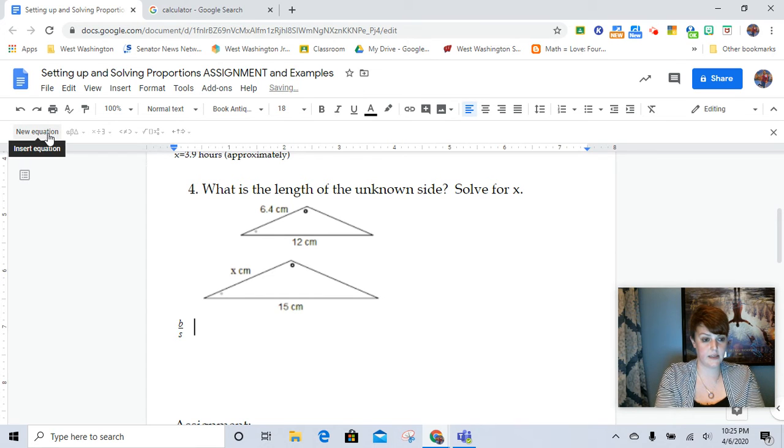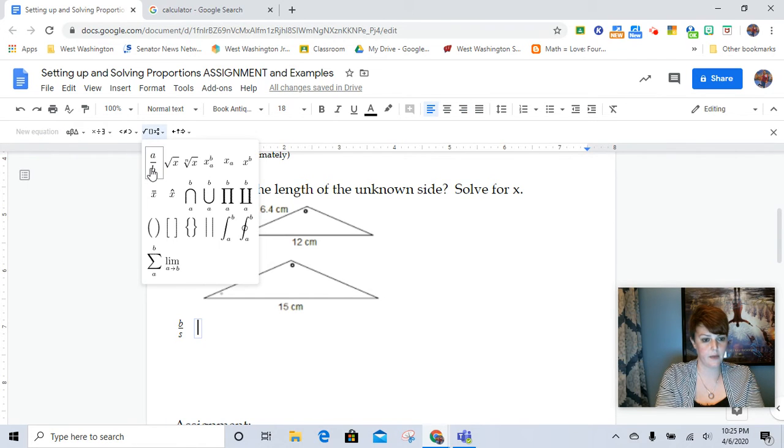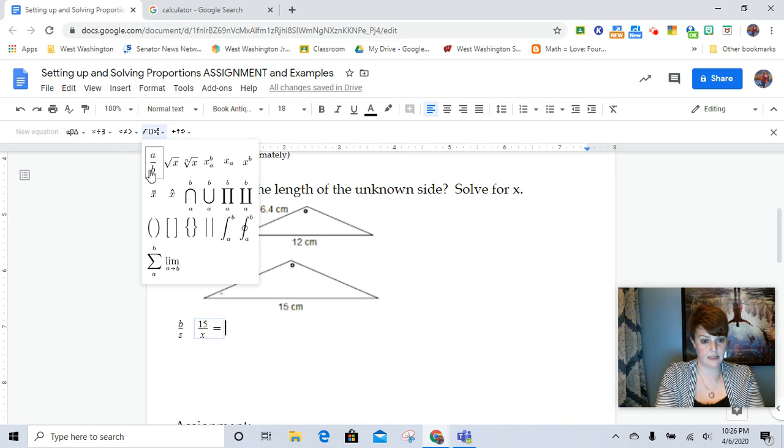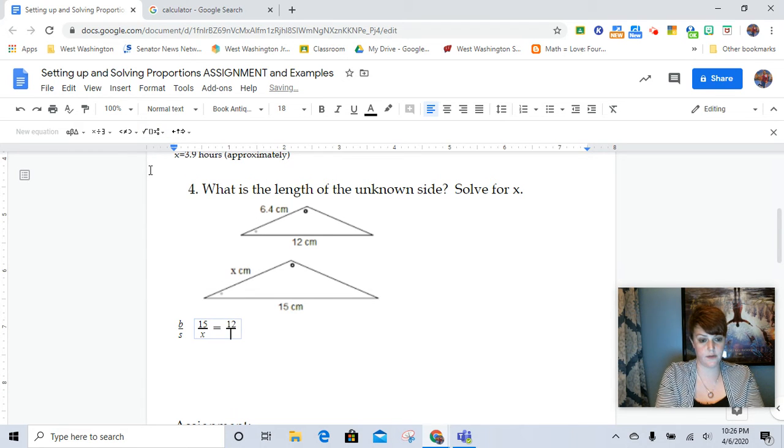And that's going to give me 15 over x equals big side on the little triangle, 12 over 6.4.